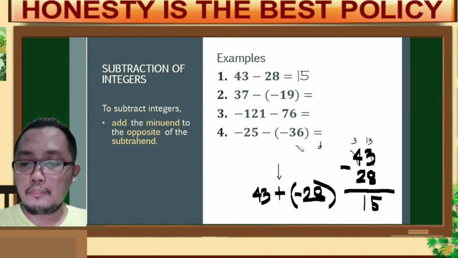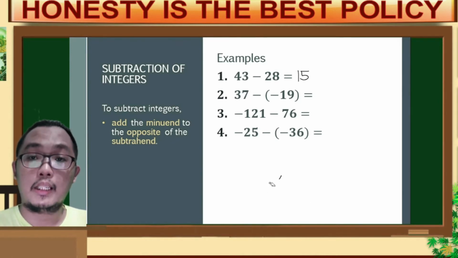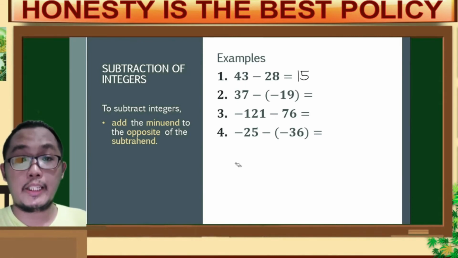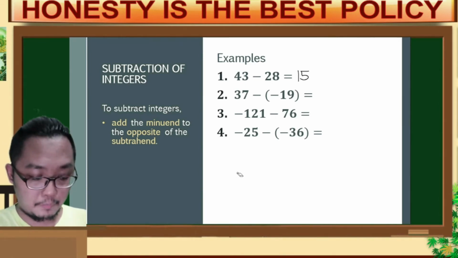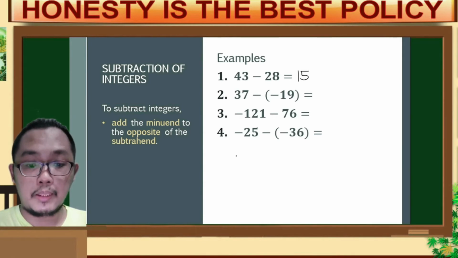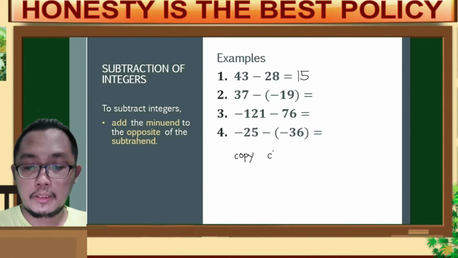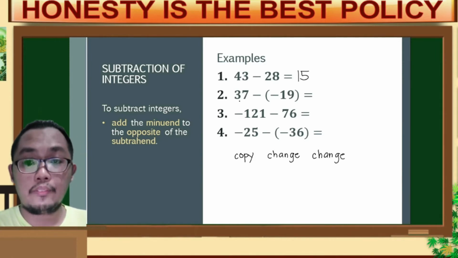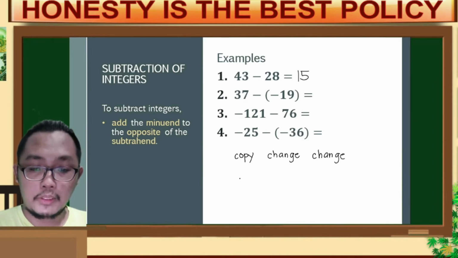Normally I am using a mnemonic device to easily remember how to subtract integers, and let us apply such an idea for the next example. You only need to remember this mnemonic device: copy, change, change. For the first number, we just copy that exact number, which happens to be 37.